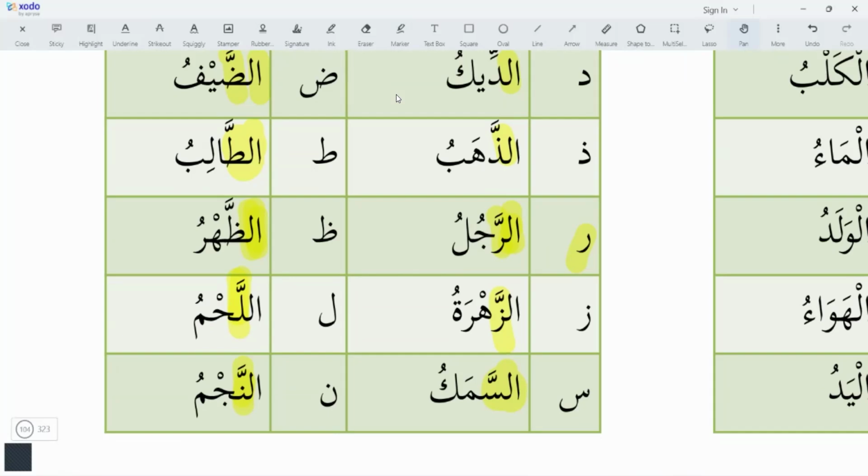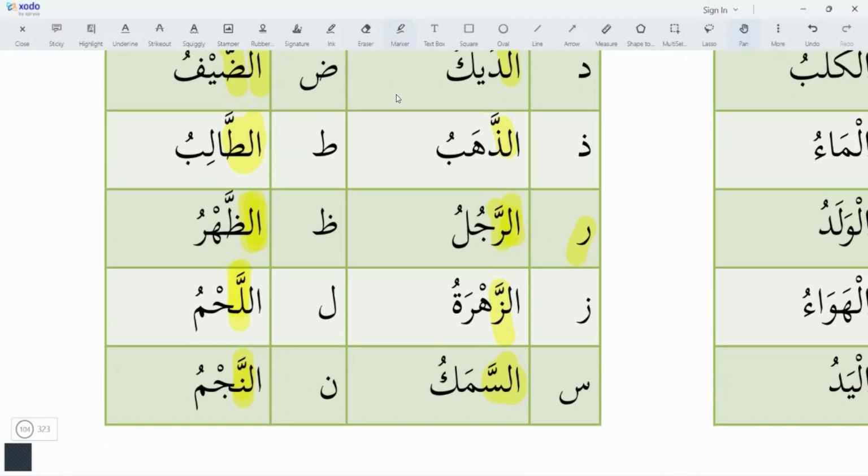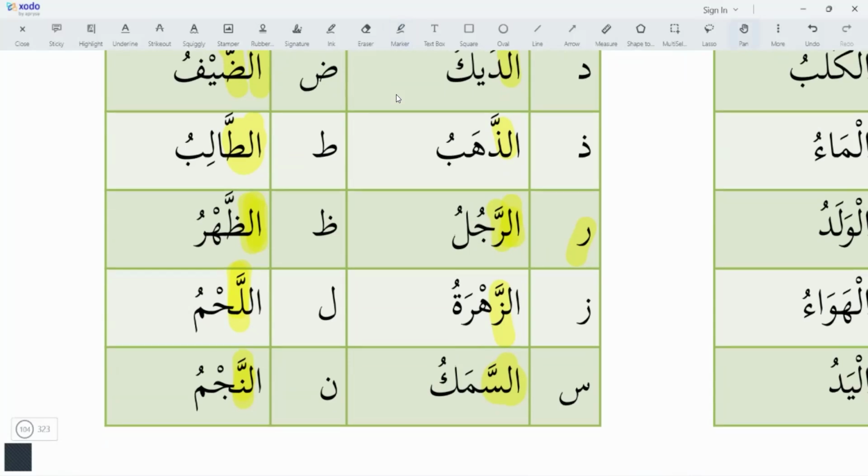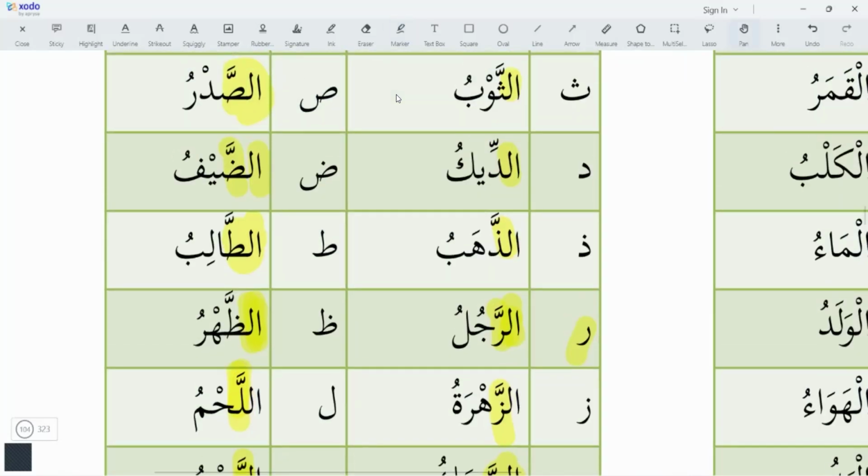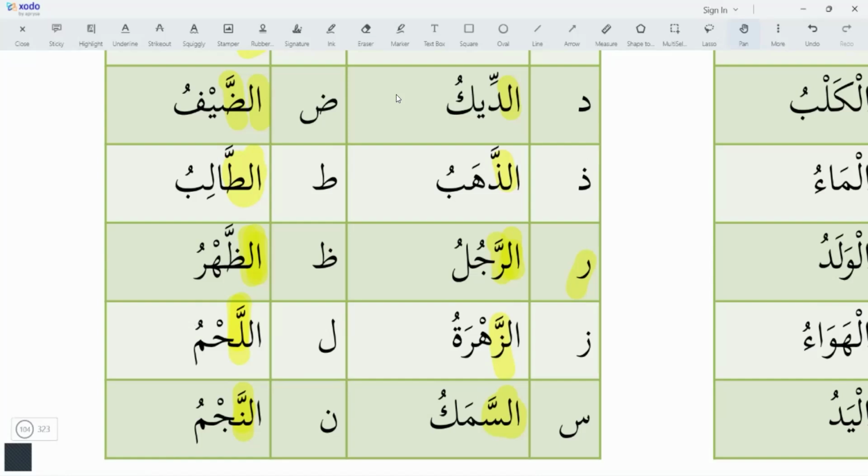Okay. Az-zahratu means flower. As-samaku, fish. As-sadru, chest. Ad-daifu, guest. At-talibu, student. Okay. Az-zahru, back. Al-lahmu, meat. An-najmu, star.